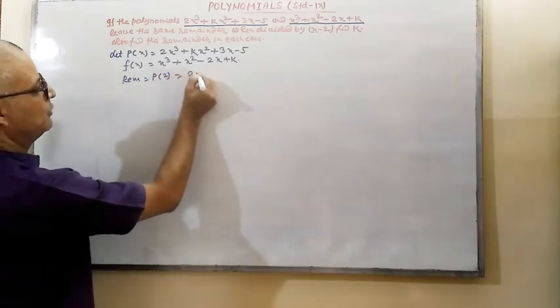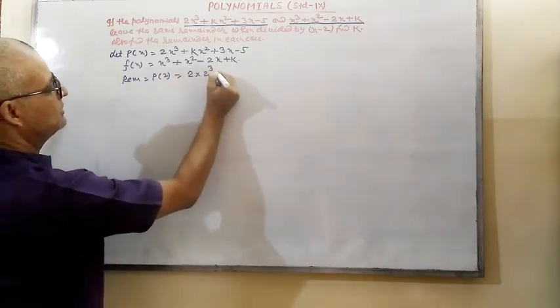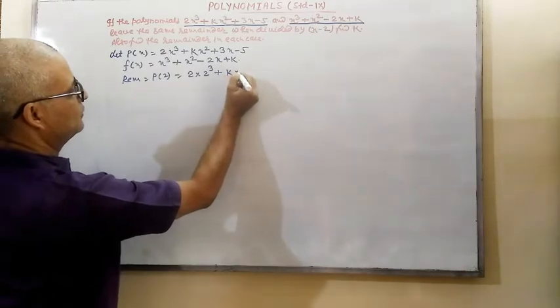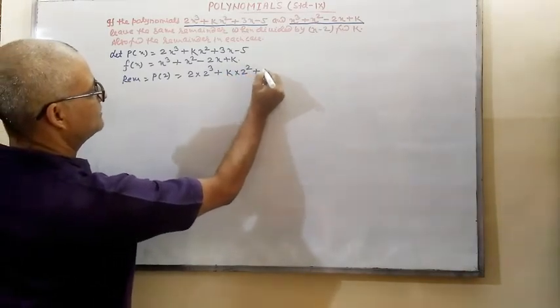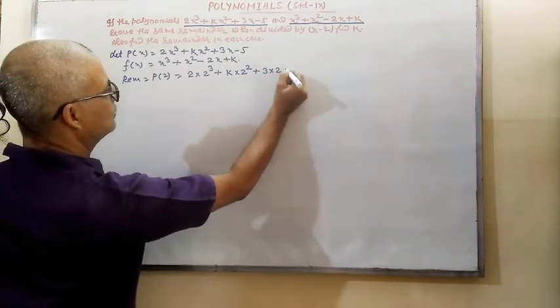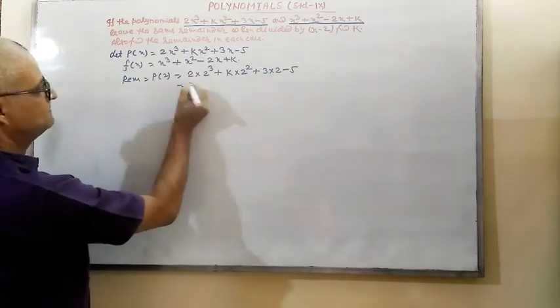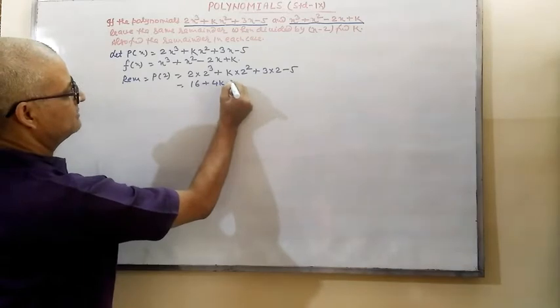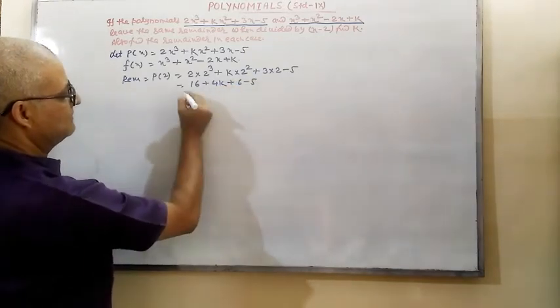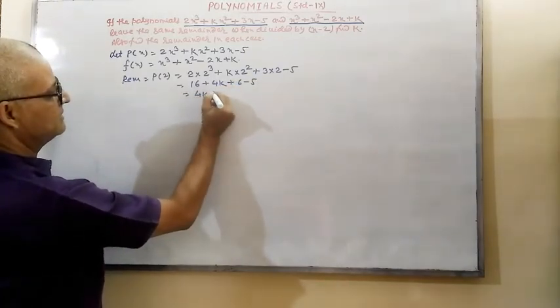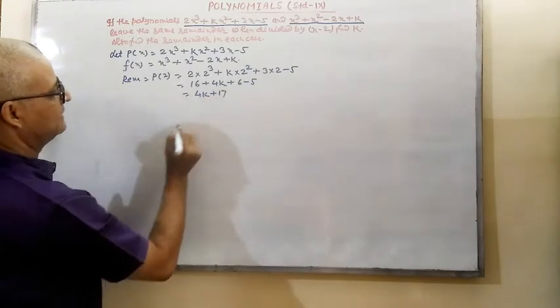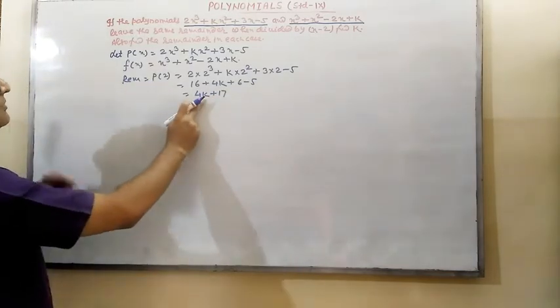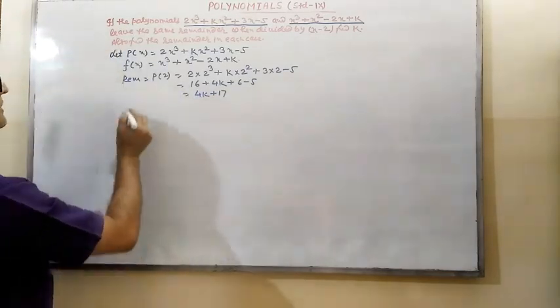p(2) is equal to 2 into 2 cube plus k into 2 square plus 3 into 2 minus 5. That is 16 plus 4k plus 6 minus 5. So now, 4k plus 17. This is the remainder for the first polynomial.